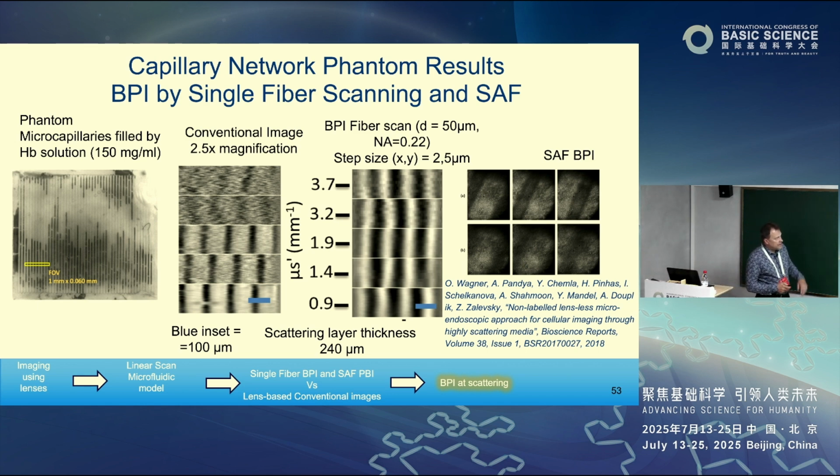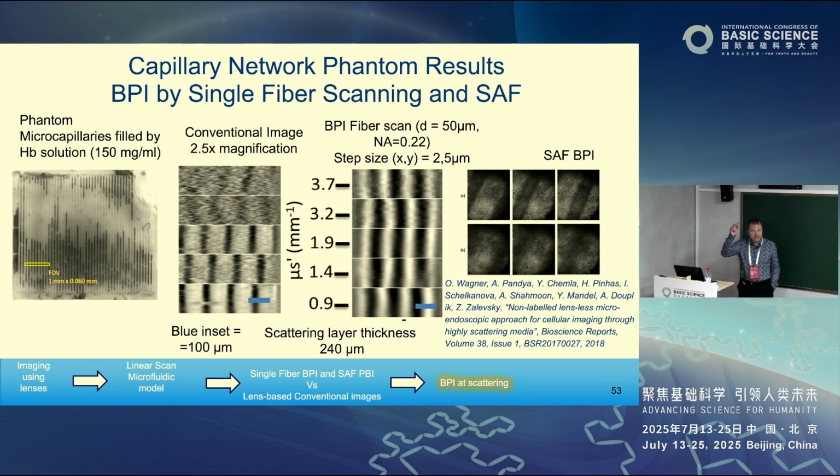So those are, again, the results we obtained. And that's a conventional image, all right? And those are the images we obtained with a third modification of our device, where we applied just a single fiber, and that single fiber was scanning. And the single fiber, again, was with the numerical aperture reduced.